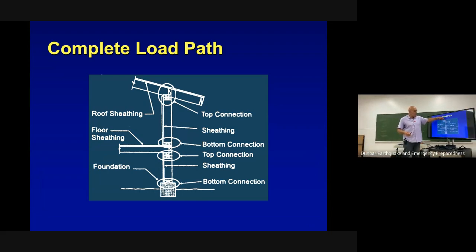So you want to ensure that these forces can find a path to travel all the way down to the foundation, and that's why I was saying good anchoring of the foundation, good anchoring of the beams and columns to the roof, and that will make a very solid structure that will have a better chance to resist an earthquake.